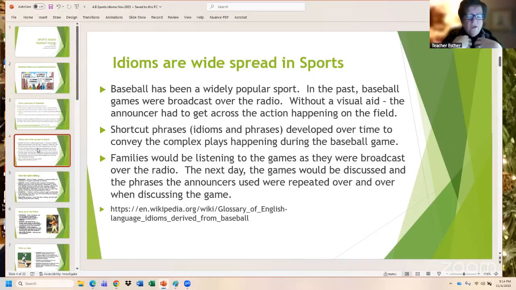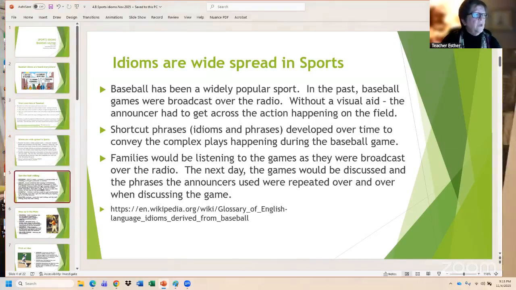So we grew up hearing these phrases repeated by our dads, sometimes by our moms, depending. Not all moms were thrilled about baseball, but many were.